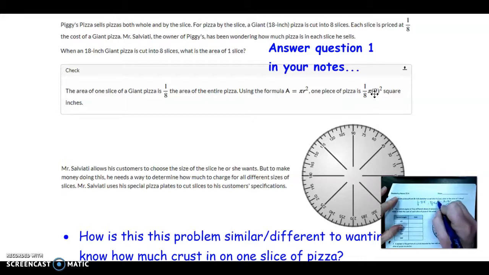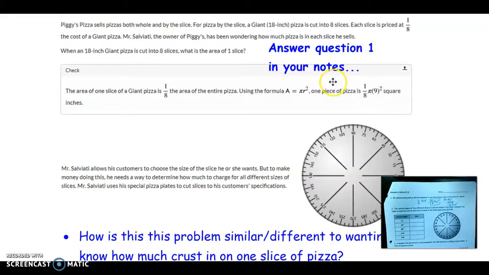That's the exact area of one slice. But we could, of course, approximate that if it told us to round to something. But since pi is irrational, remember, if you're not given rounding rules, you don't put the pi in your calculator. And 81/8 does not simplify.